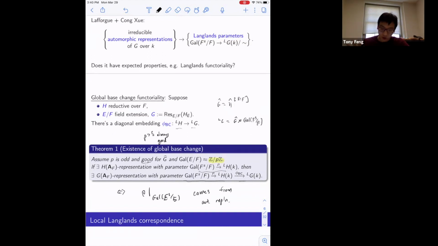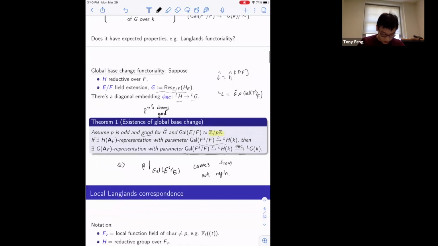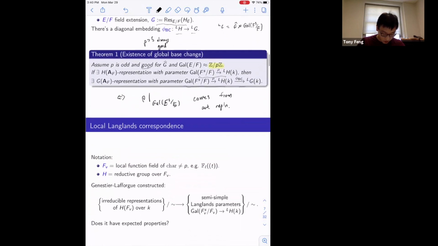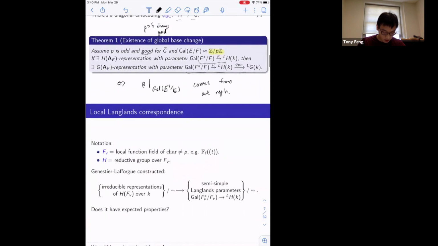So if you only want to think about split groups, you can think about them in this way, that we're just saying if you restrict the domain to a subgroup, then it comes from an automorphic representation, but it is advantageous to view all your groups over the same field. And for that reason, you may find yourself wanting to deal with non-split groups. Okay, so that's the global story. The local one, somewhat similar.